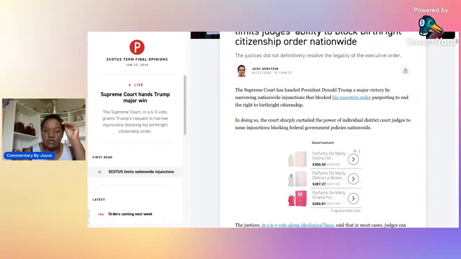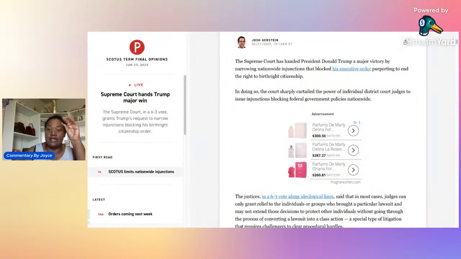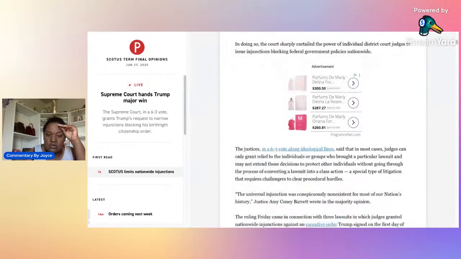In doing so, the court sharply curtailed the power of individual district court judges to issue injunctions blocking federal government policies nationwide.